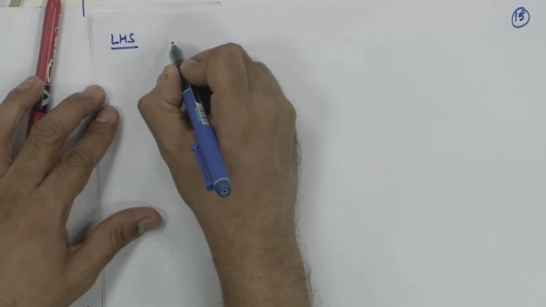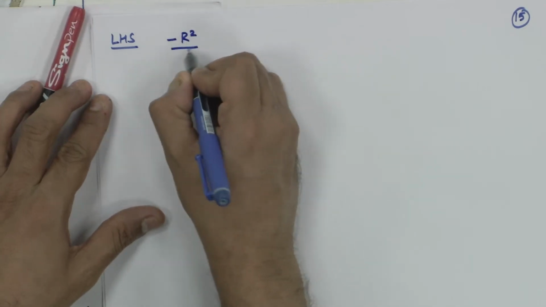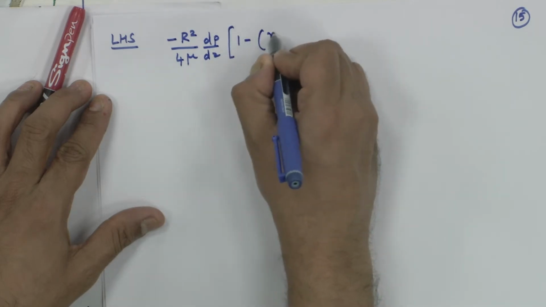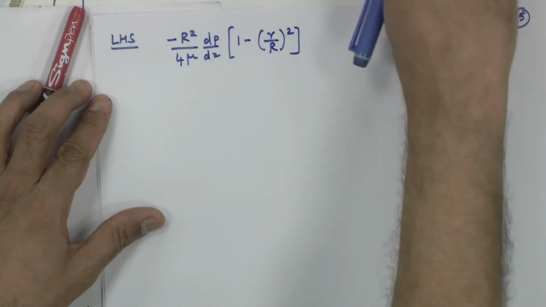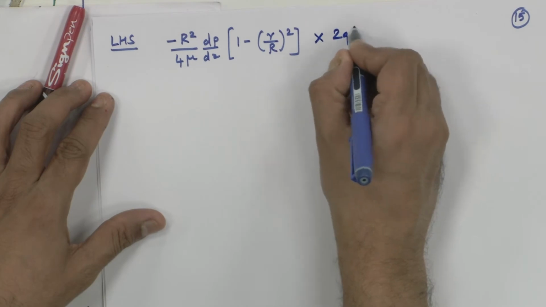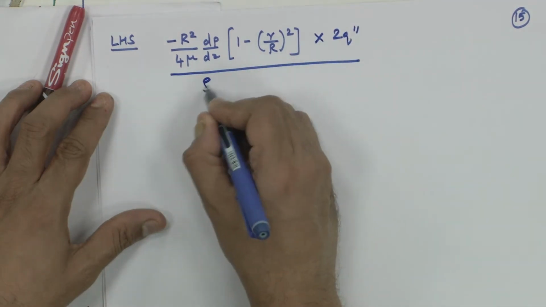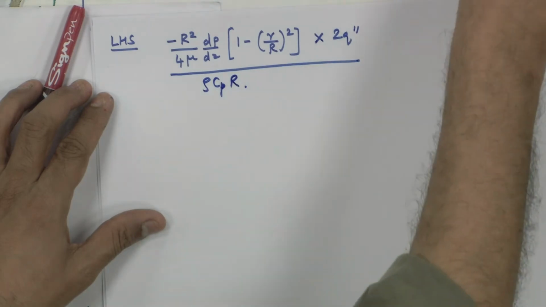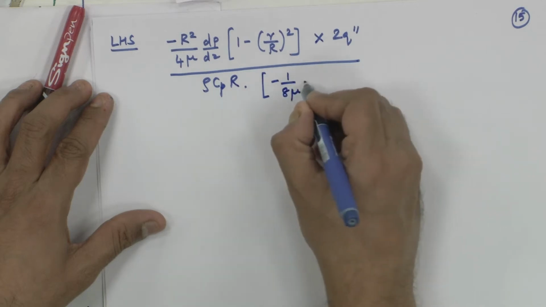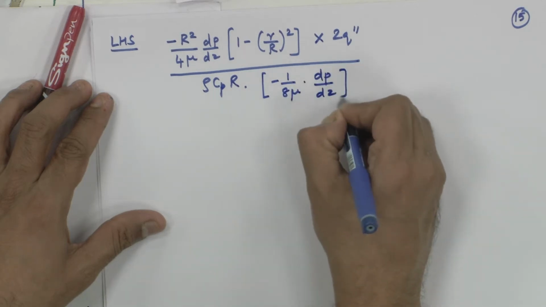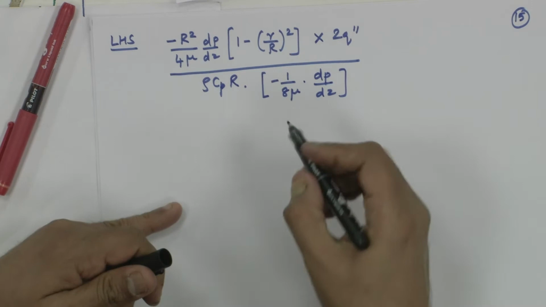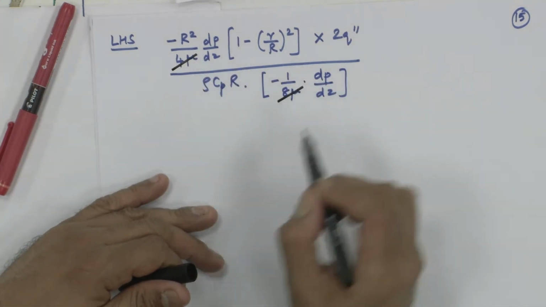We had derived this as minus R squared by 4 mu dp by dz into 1 minus r by R squared, this quantity into 2 q double prime divided by rho Cp capital R, and u bulk mean we had derived as minus 1 by 8 mu dp by dz. So, based on this I would write 4 mu, 8 mu.